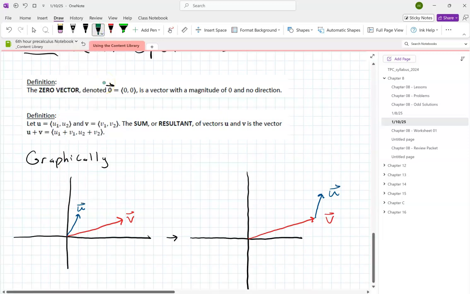And the new vector that starts at v and ends at u is that vector u plus v. That's like our resultant vector. That's graphically what we're talking about when we add two vectors, is we're just placing the vectors head to tail.